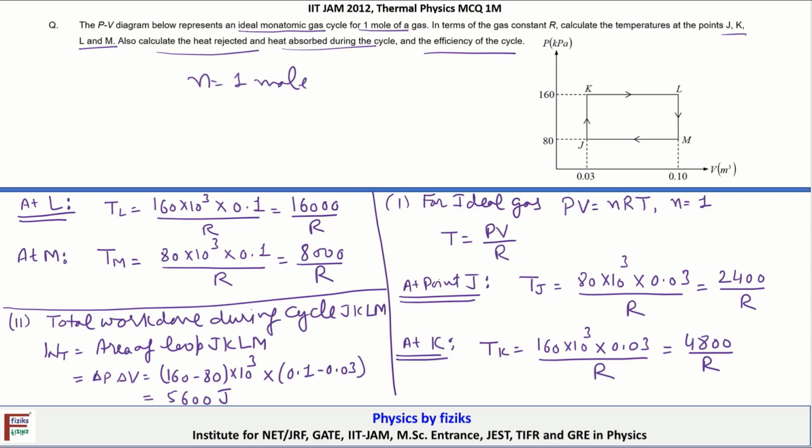Now let's calculate the respective change in heat during all these 4 steps. We will continue from the step J to K. If you take a look at this process, it is taking place at constant volume, so that means it is an isochoric process. I will call this part 3.